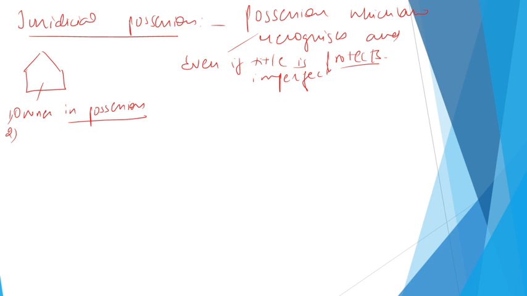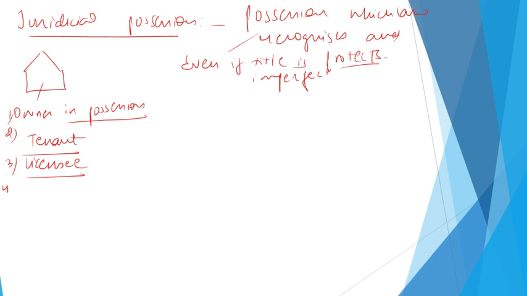But apart from that, the scenario can be a tenant. Tenant is basically, I've paid the rent, and for that particular period, the law recognizes that I will have the possession over this land. There can be a licensee. I've paid the amount and I've got the license.